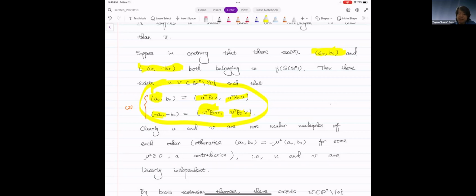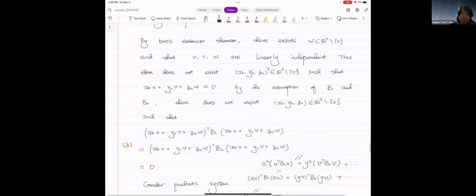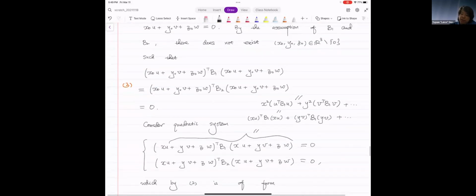If this is the case, then after I do this expansion, if I follow that assumption of equation 2, here I should have a0 times x squared minus a0 times y squared plus a bunch of other terms with different coefficients.